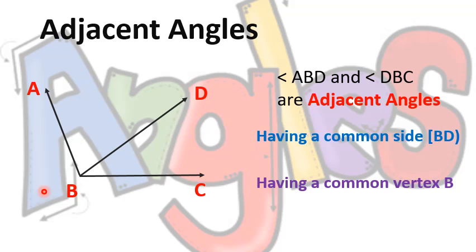The vertex over here is B. So if we look at the names of the angles, ABD, which is this one, and DBC, we can find in the middle we have the same letter, which is B, which is the same vertex, and over here the side BD and DB, this is the same side, so that's why they are adjacent angles.